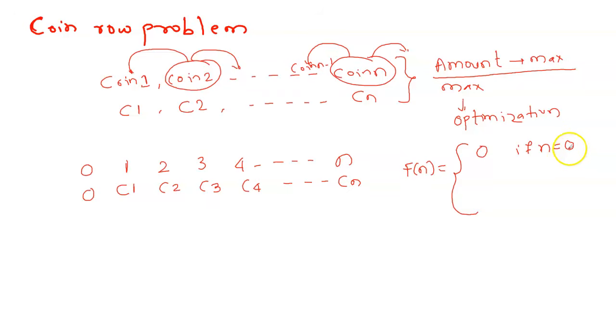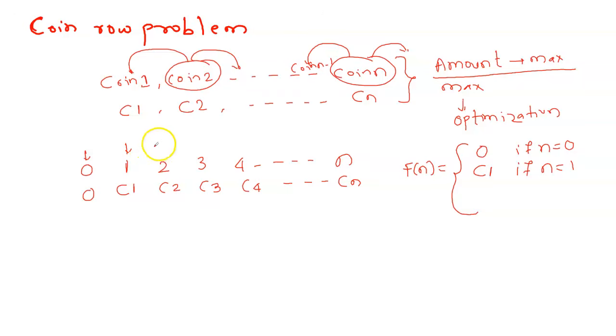This f of n represents the cost of picking the coins. So if no coin is picked, its cost is 0. If n equal to 1, that means the first coin, the cost involved is C1.